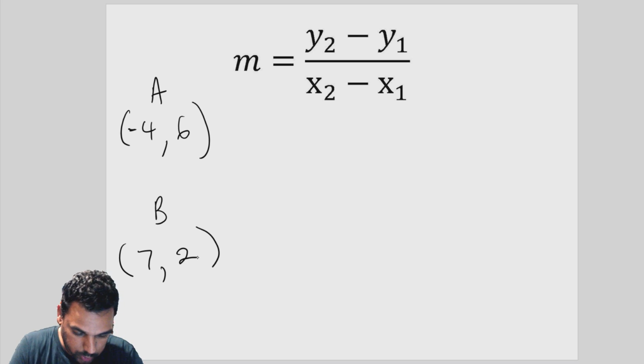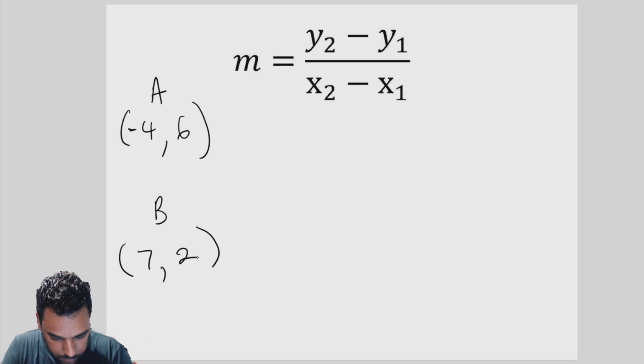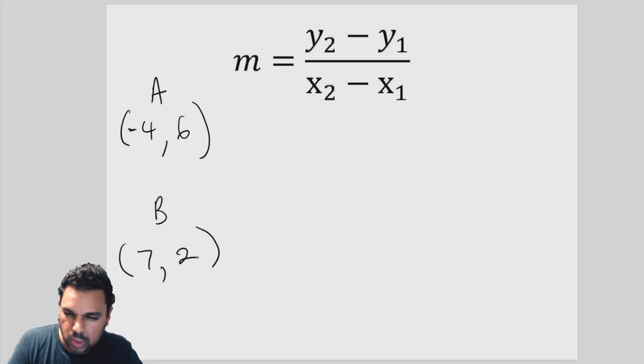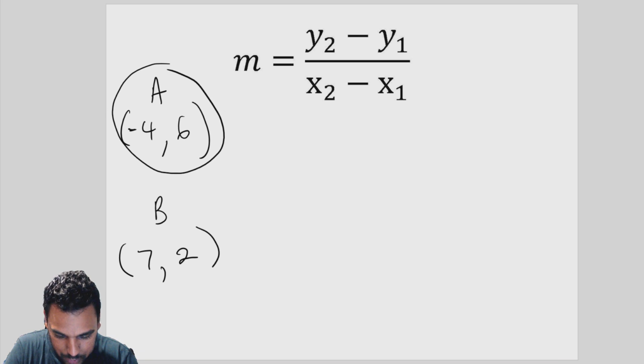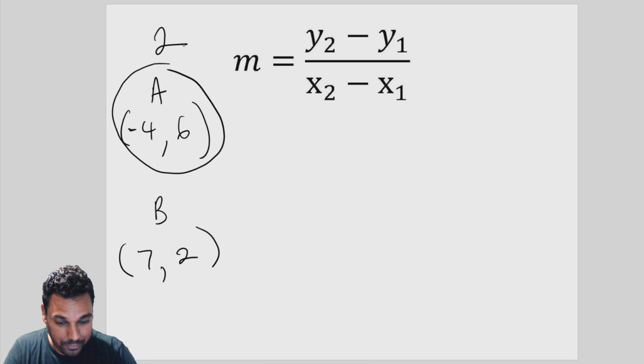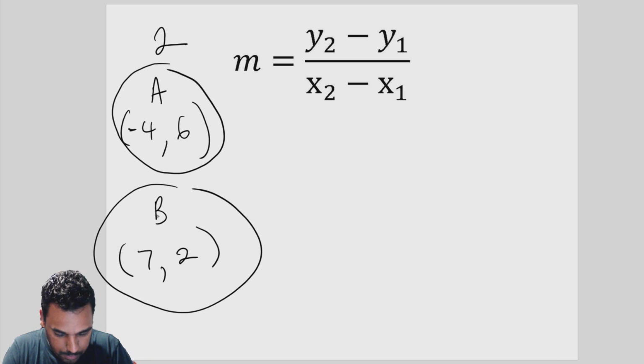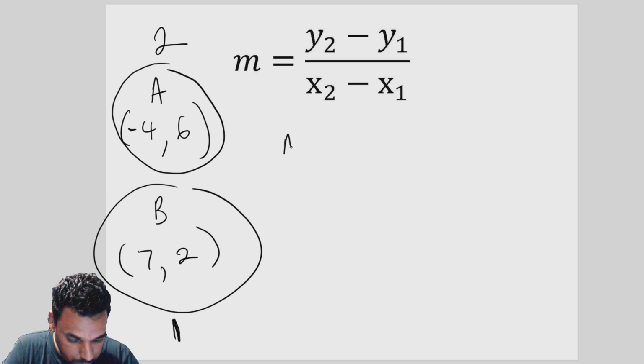All right, let's try it now. Just to throw you off a little bit, I'm going to force this one to be my 2s, unlike the previous example. And I'm going to make my B my 1s. So, according to the way I labeled it, my y2 is actually 6.